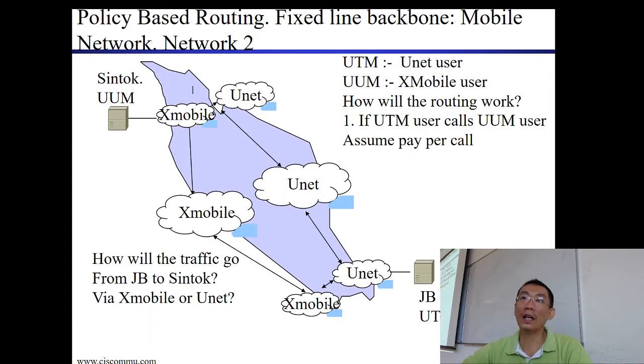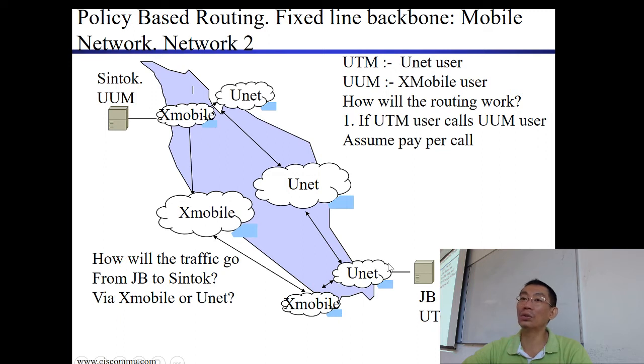Now you go to a fixed line backbone network. You have a UTM user calling a UUM user. Each call you will pay, correct? You pay per call. So how would the routing work? Will it go through UNet or X-Mobile?